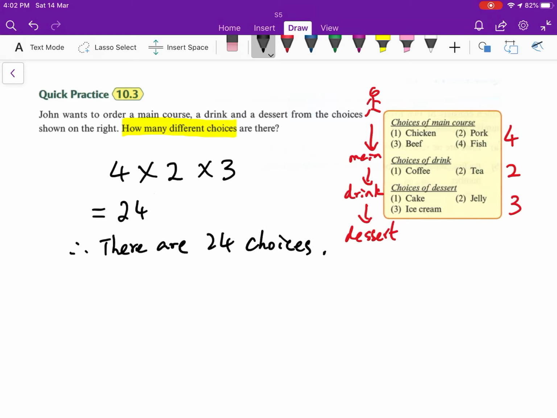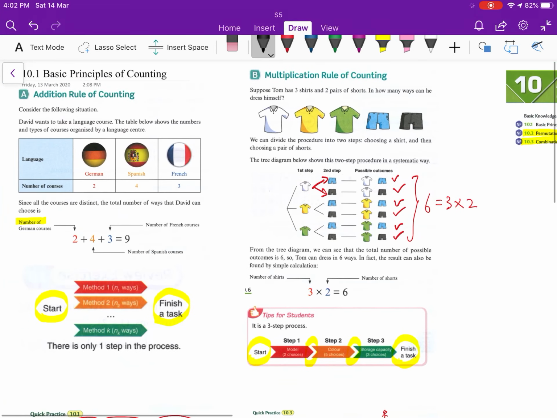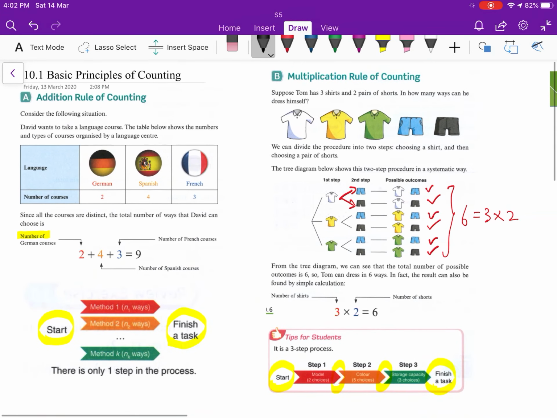Don't forget to answer the question: there are 24 choices. That's it. So easy, right? So remember, how can you separate the addition rule and the multiplication rule? Easy. Identify whether it's one way to the final destination or you have a few stop points. That's it. Thank you.